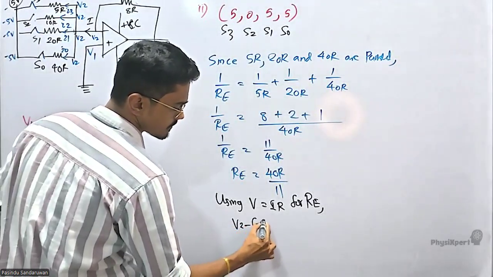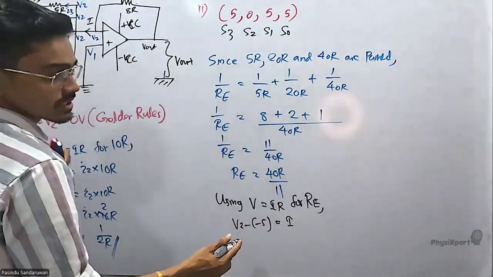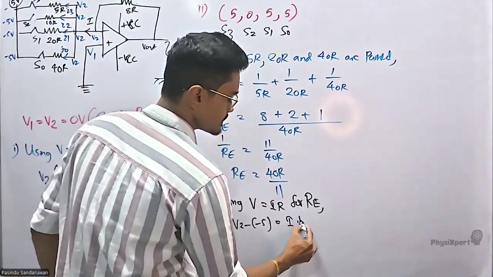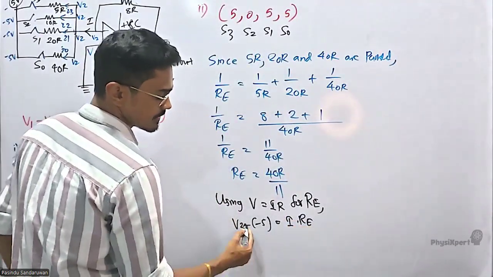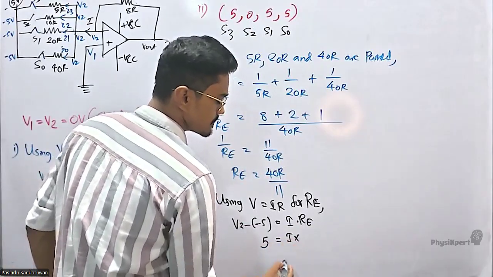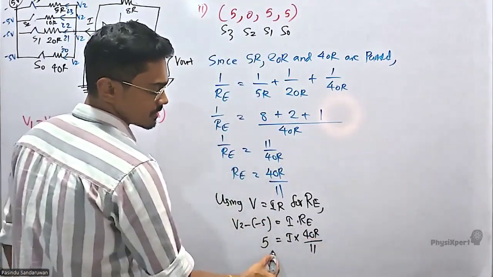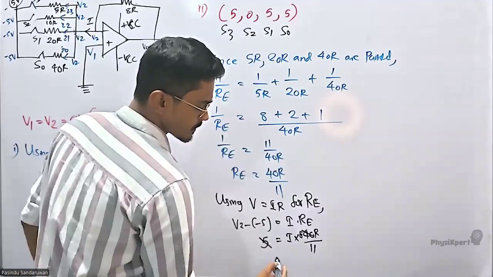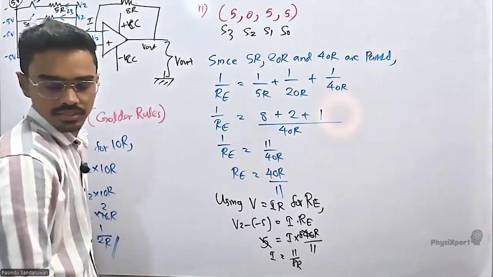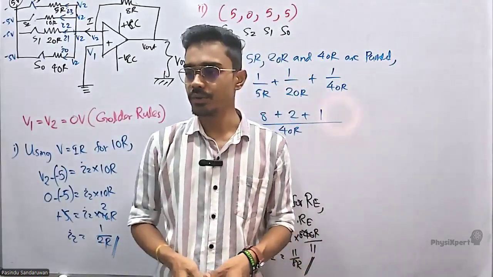V2 minus 5 equals I, capital I, because the total current goes through the equivalent resistor, times RE. So V2 is 0, minus 5, answer is 5, equals I times RE, 40R over 11. 5 times 8, which means capital I equals 11 over 8R. That is determined. Part 2 is also done. Right?